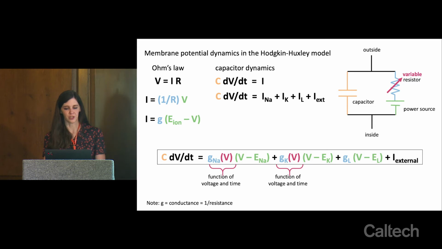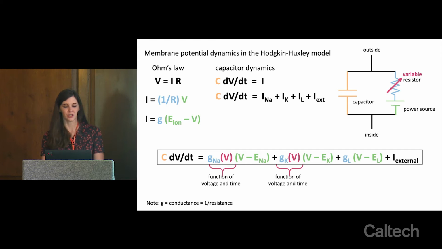Starting at our equations for our simple passive neuron model, we're going to expand out the current terms of our capacitor dynamics to include the current due to sodium ions, the current due to potassium ions, and the current due to the leak ions, which is just anything else that's present. We'll also still allow an external current to be injected by an experimenter or by another neuron. Expanding out these individual terms, we end up with something that looks like this.